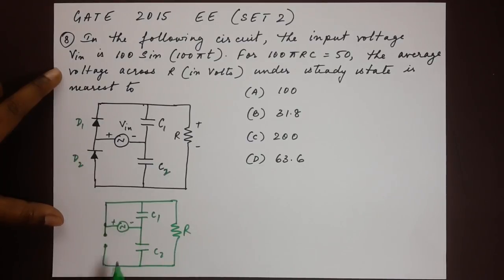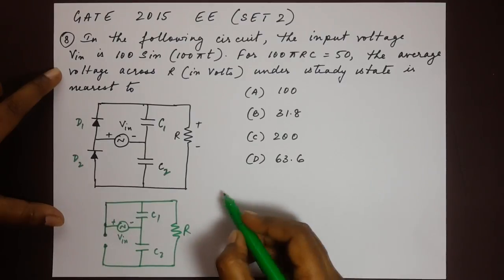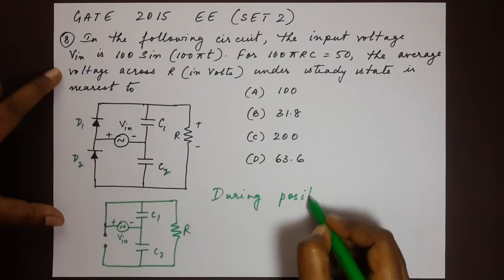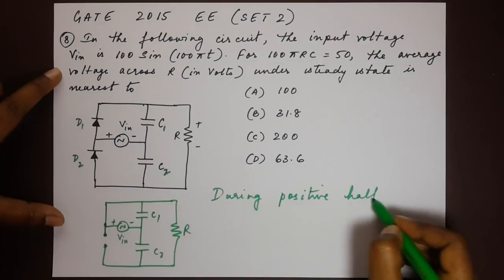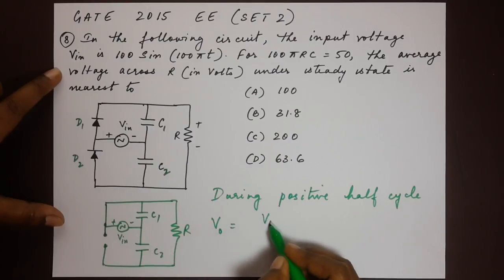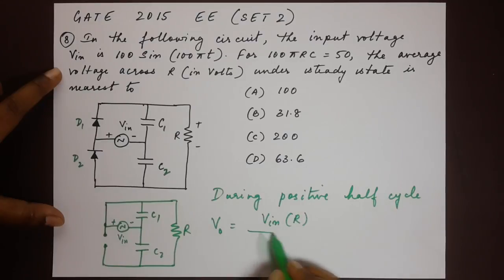So now you will see that Vin, the voltage here, appears across C1, and then this gets divided between C1 and R. C2 is left out. So this is during the positive half cycle. So during the positive half cycle now, V0 that is calculated across R is Vin times R divided by the resultant of these two.